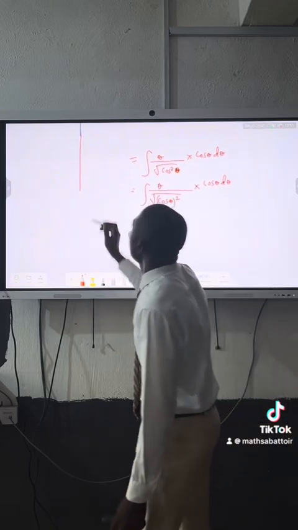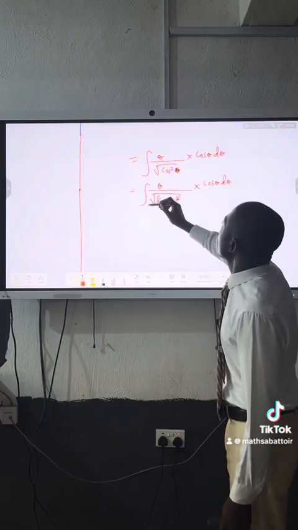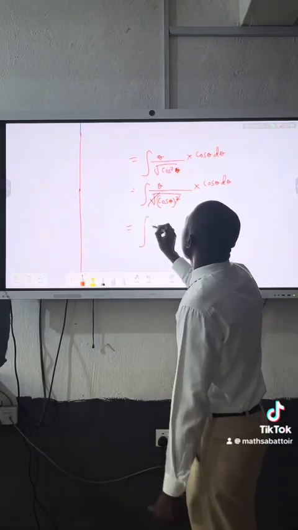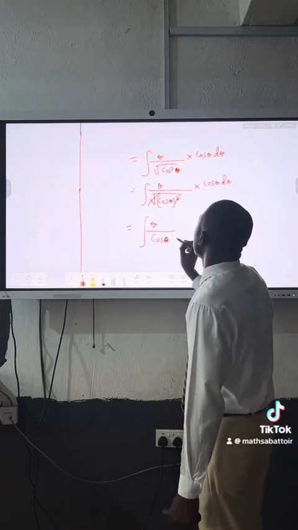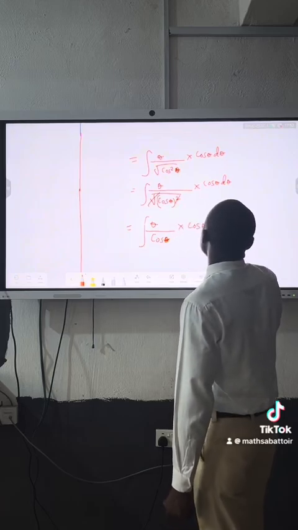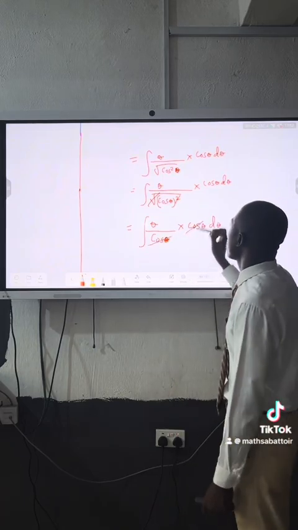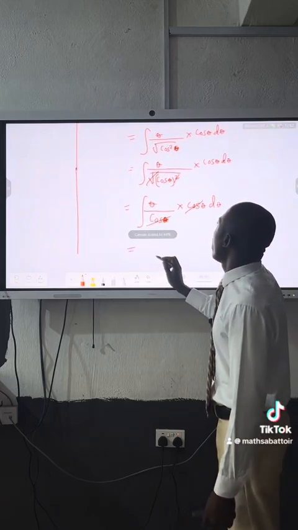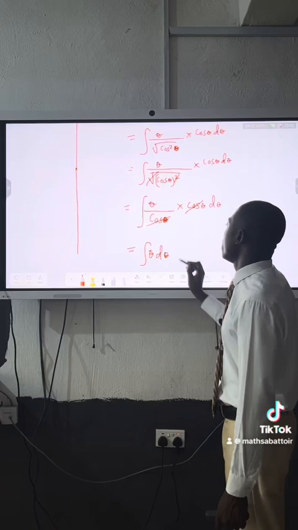Now we cancel the square root against the square, so that you have the integral of theta all over just cos theta at the denominator, multiplied by cos theta d theta. As you are multiplying by cos theta, we cancel cos theta. So everything has reduced to just the integral of theta d theta.